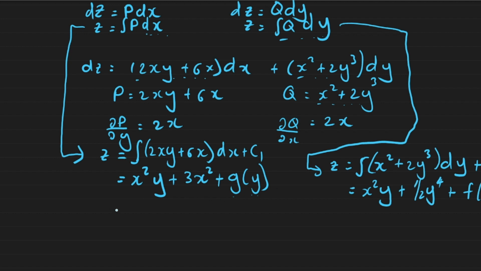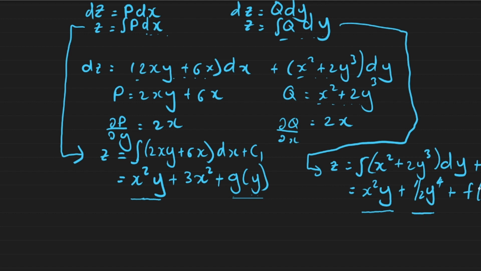So let's look at these two results that we have. We have x squared y on the left, and on the right-hand side we also have x squared y, so they're the same. Now we need to have some function of y. How do we get this function of y? Well, let's look on the right-hand side. Do we have a function of y? Yes, we do: a half y to the power 4.